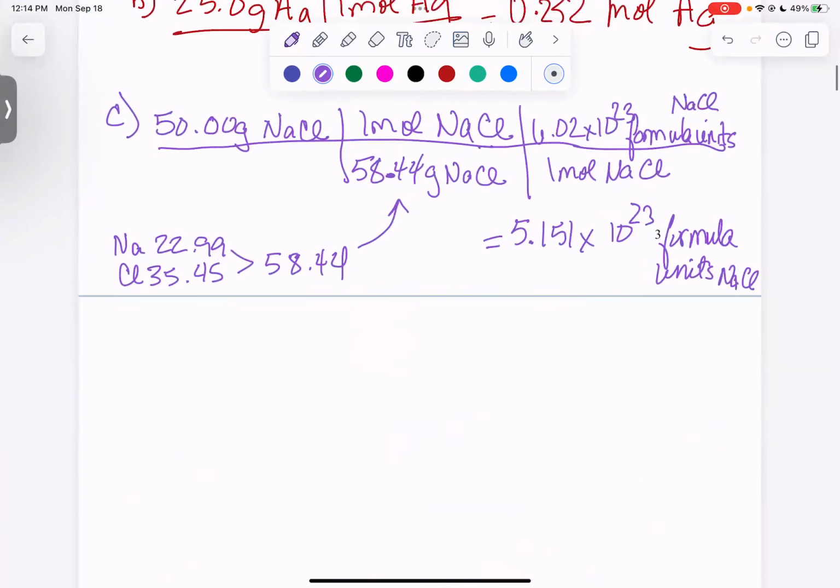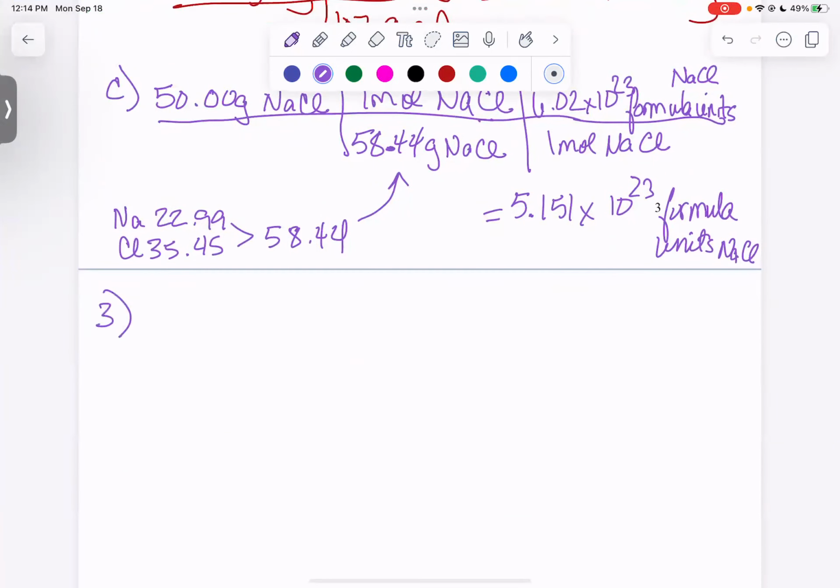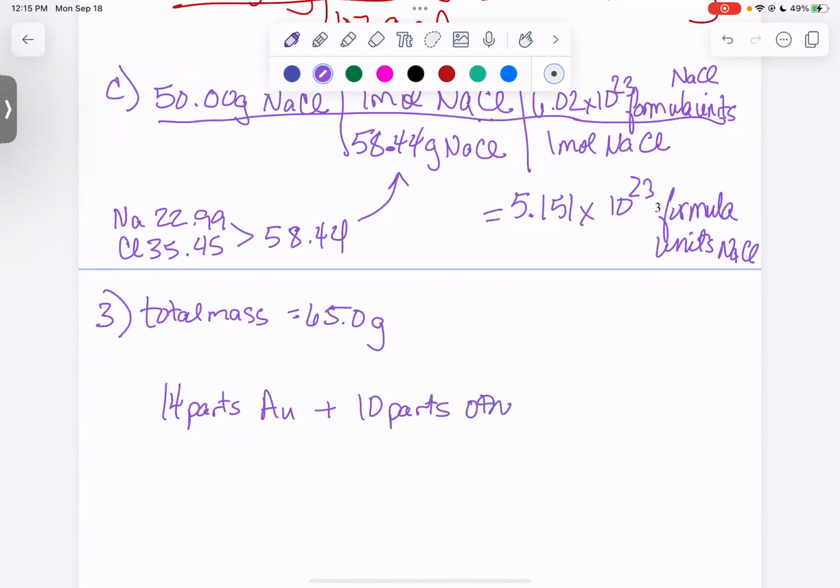And this is kind of a cool thing. So we knew the total mass was 65.0 grams, right? And we were told 14 parts are gold plus 10 parts are other metals. And together, all of that equals 24 parts in total.